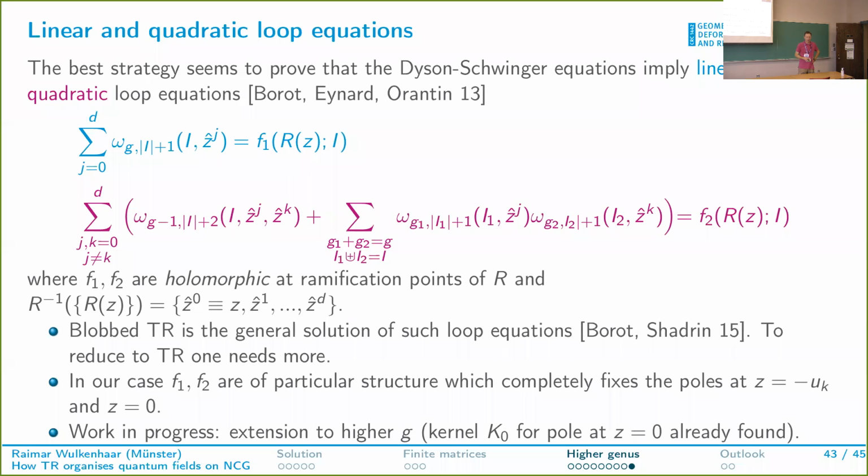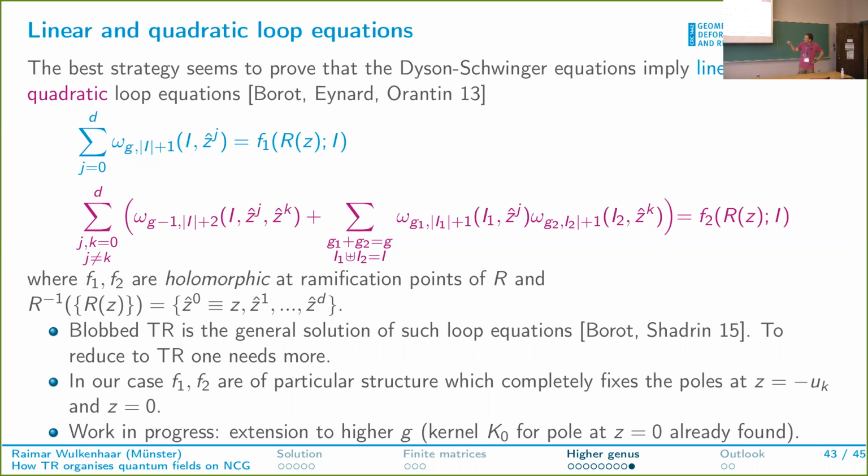This is the result of Borot and Shadrin. Whereas to get the true topological recursion, you need to do more. You have to specify other conditions, and they are not so natural. So the natural solution is blob topological recursion. Therefore, we have to prove this at higher genus. For genus 0, it's done.